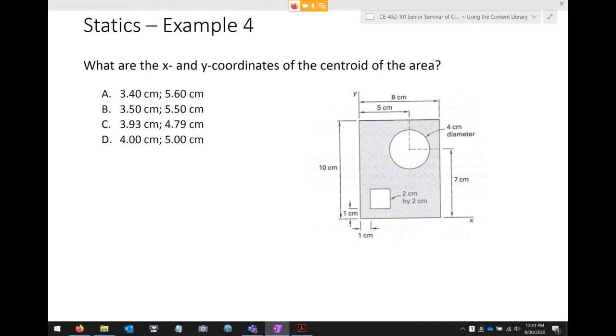And one of them is determining the centroid of an area, because remember your expression for computing a centroid. So, x bar is the sum of ax over the sum of a, and y bar is the sum of ay over the sum of a.